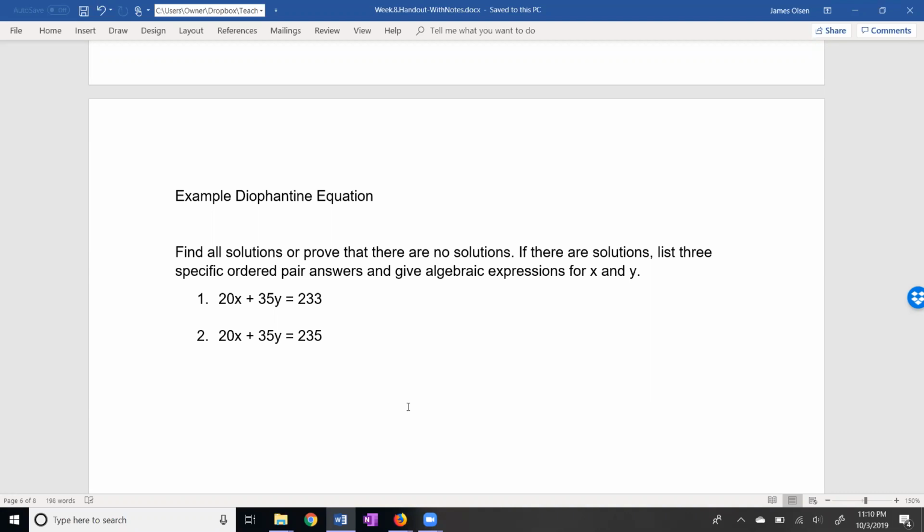And we want integer solutions. We're going to be doing linear ones in this video, with x to the first power and y to the first power. It could be that you would do quadratics, but these are going to be linear Diophantine equations.